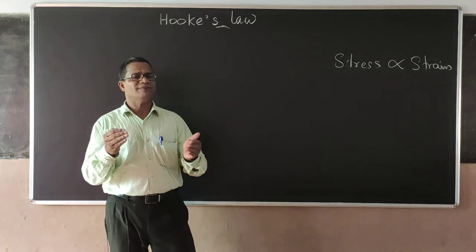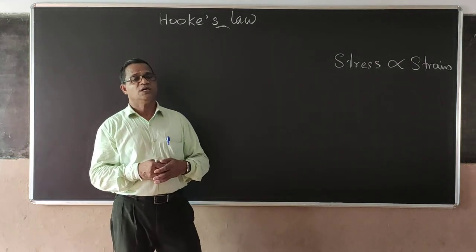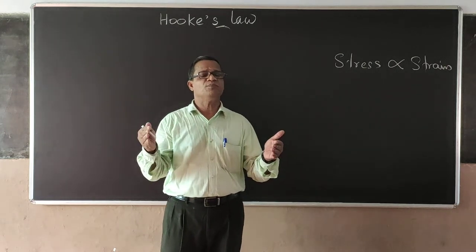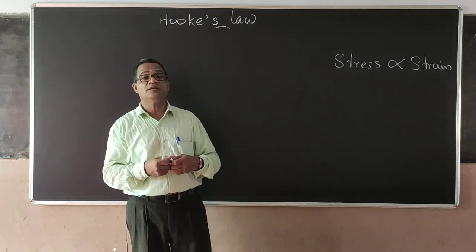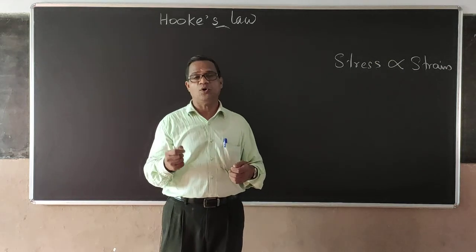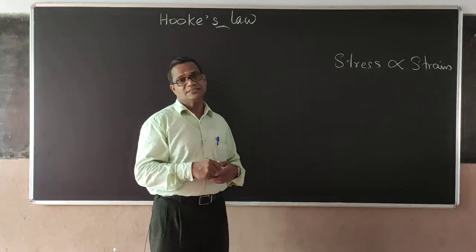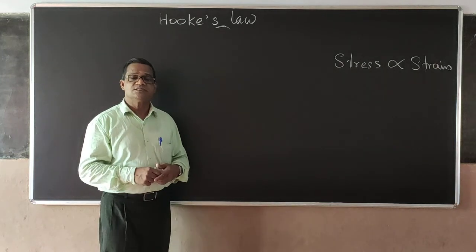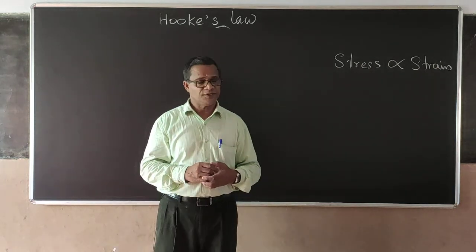So just before that, the body can be elastic. That particular level up to which the body can behave as elastic, we call the elastic limit of the body. So within the elastic limit, the stress is always directly proportional to strain.